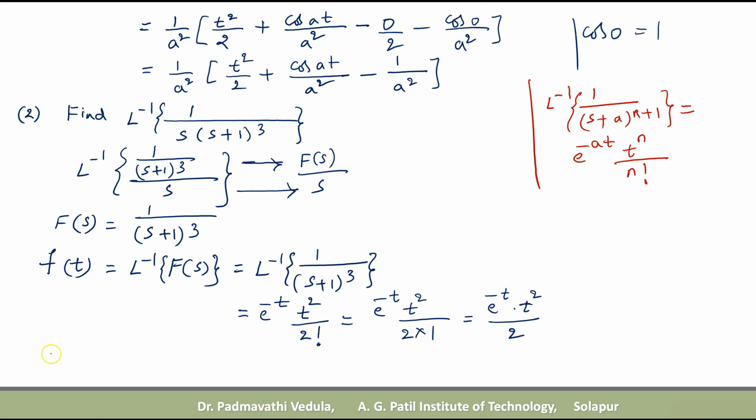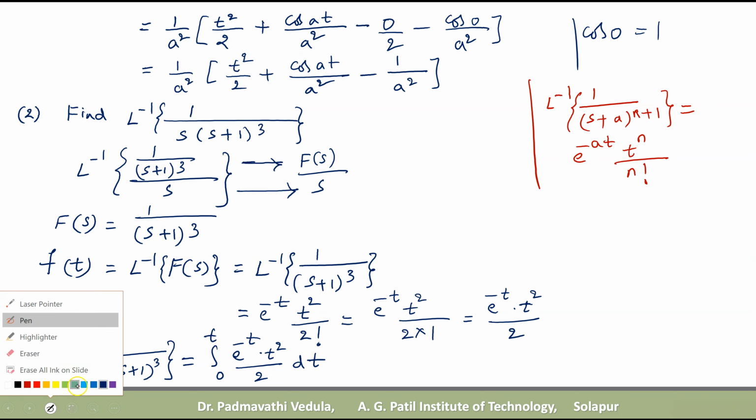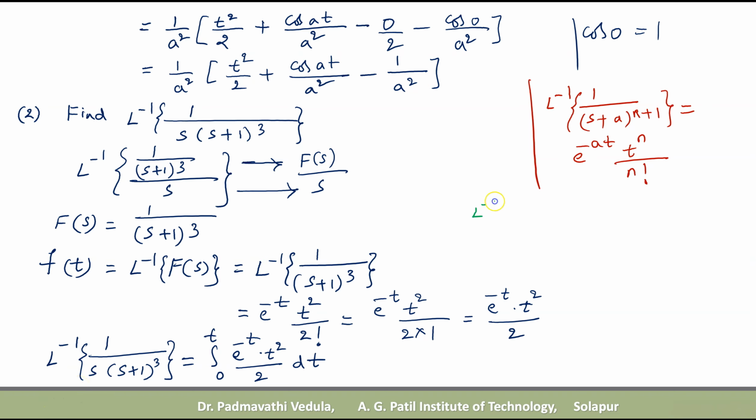Now we want to find L inverse of 1 by s into s plus 1 whole cube. That means according to that property, we have to integrate this f of t, e power minus t into t square by 2, with respect to t under the limits 0 to t, because L inverse of f of s by s equals integral 0 to t of f of t dt.